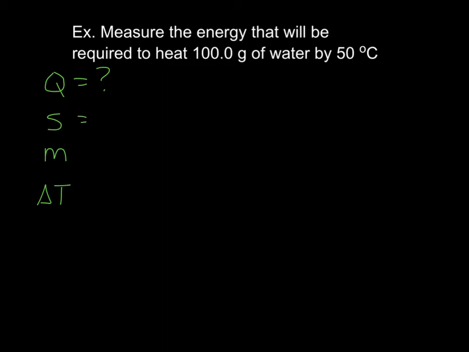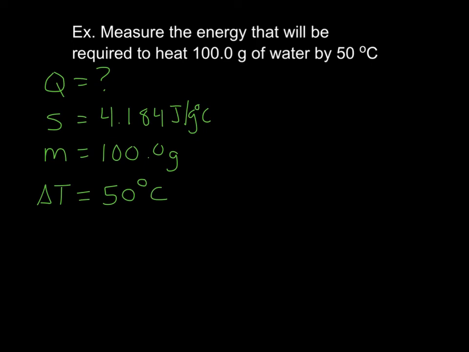The problem also tells us that we have water. This allows us to use the specific heat of water, which is 4.184 joules per gram degrees Celsius. Each material has its own specific heat. The problem also tells us that we have a 100.0 gram sample, and it tells us the delta T is 50 degrees Celsius.